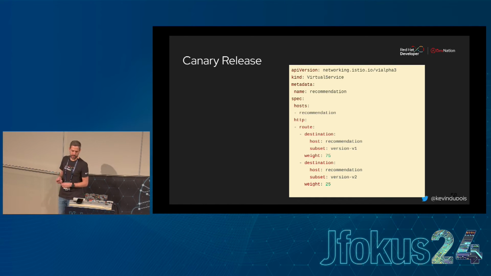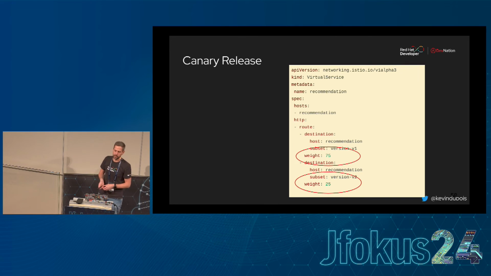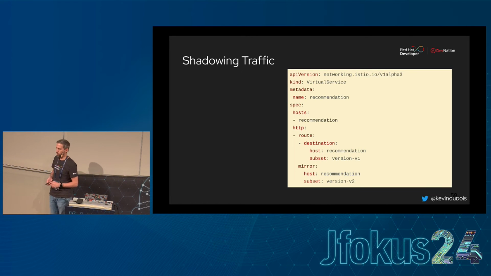For example, a canary release with Istio, you can do it this way. You define it as a virtual service, and then you set, for example, my version 1 where I set the weight, which corresponds to percentage, to 75%, and then 25% to my version 2, and so it automatically routes the traffic based on what you have configured there. And then the same way, if you want to shadow your traffic, so mirror your traffic, you could say, version 1 is where traffic should go, but also duplicate traffic to version 2.